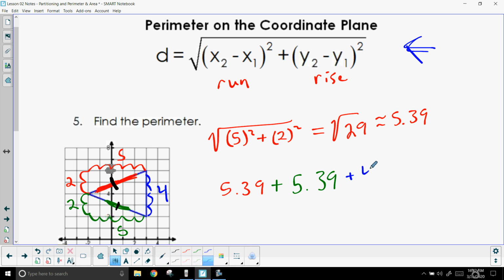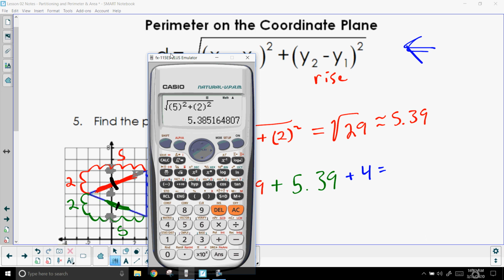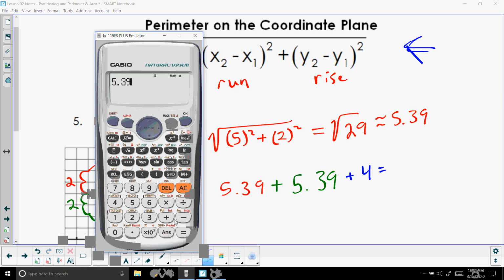Alright, let's go ahead and get your calculator for that. So 5.39 plus 5.39 plus 4, and we get a perimeter of 14.78.